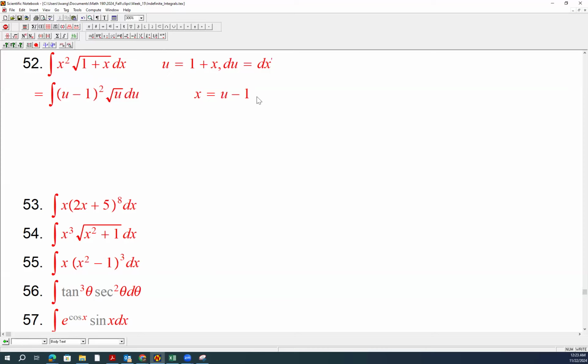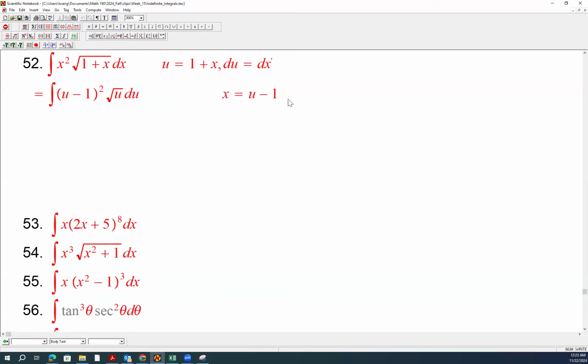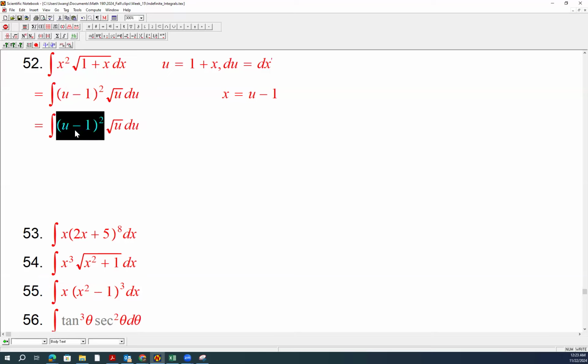Ta-da! So now what do we do? Well, we have to FOIL and distribute. So that's the algebra part.